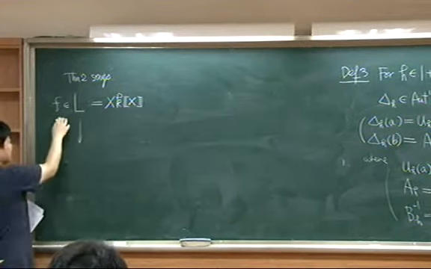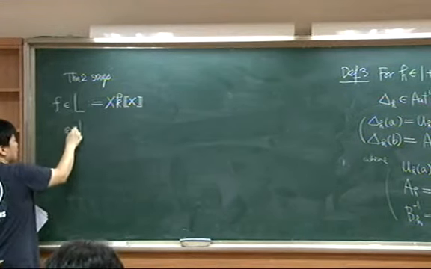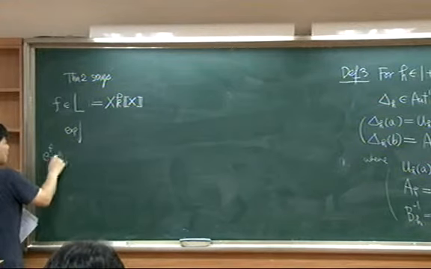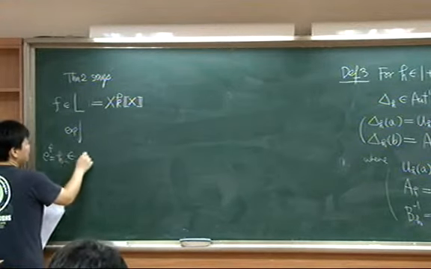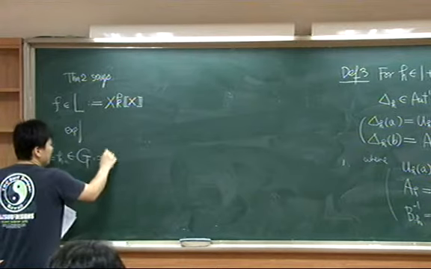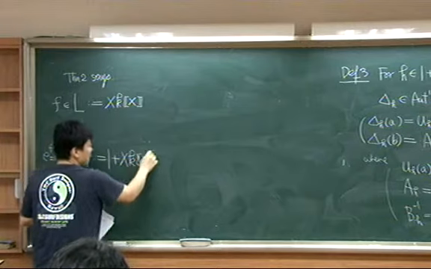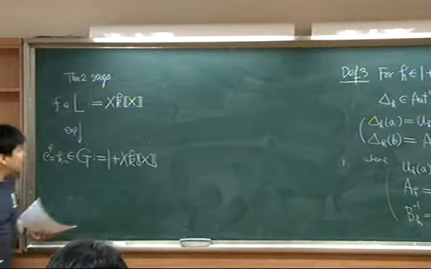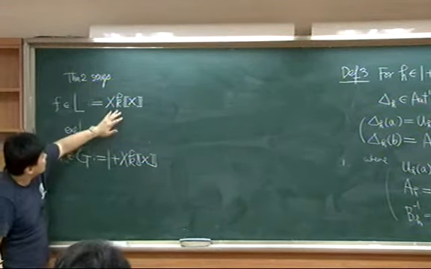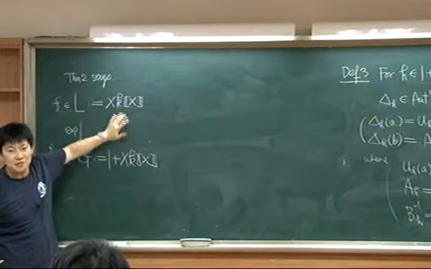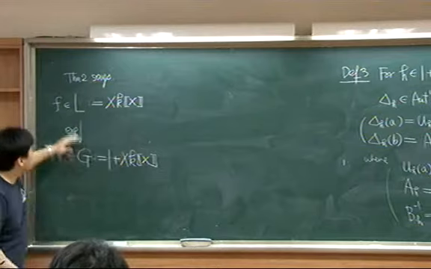Then consider the exponential map. We have H, this is an element of this one. So this set also has a one-to-one correspondence via the exponential and logarithm map.